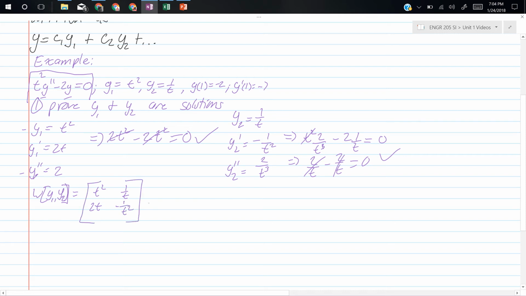I'll be solving the determinant of this, so I'll multiply these two together. So I get negative 1 minus the product of these two, which is 2. This equals negative 3, which is not equal to 0, therefore linearly independent.